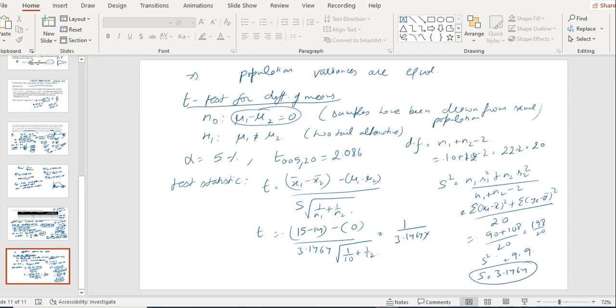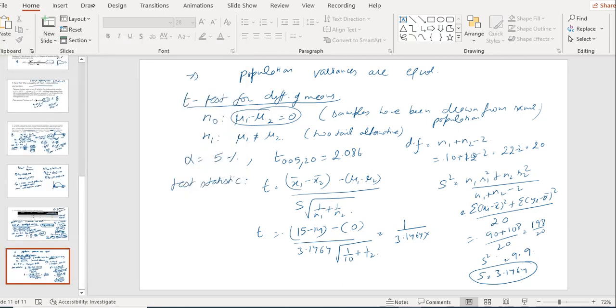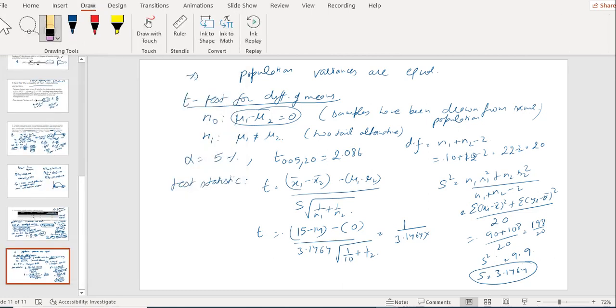If we multiply this particular number with the reciprocal of 10 and the reciprocal of 12, and then take the square root, its answer comes out to be 1.34. So this total value comes out to be 1.34.